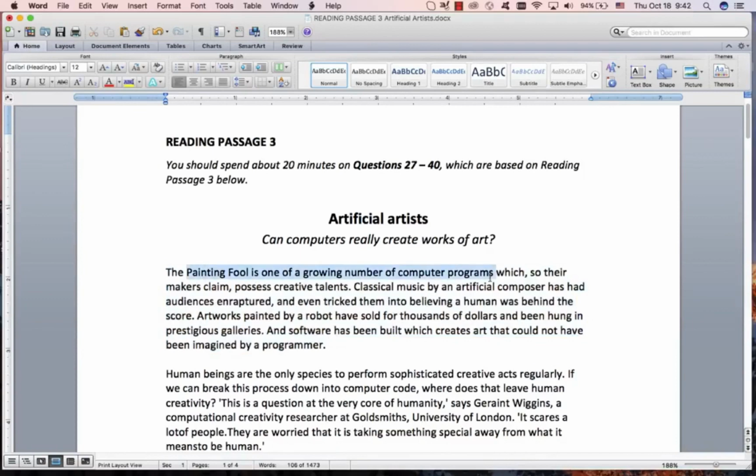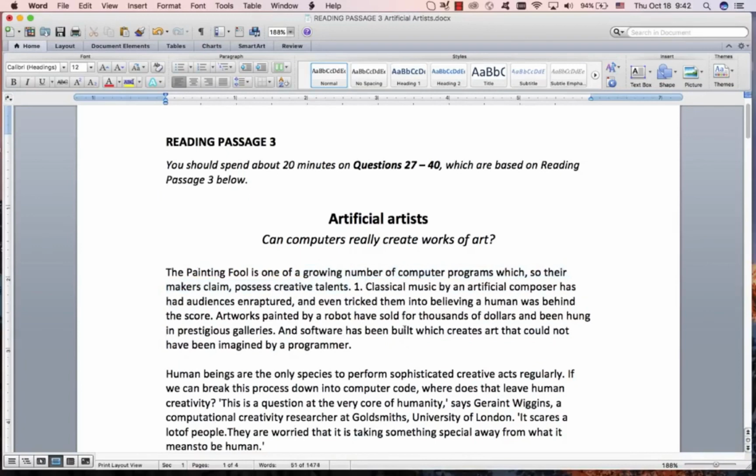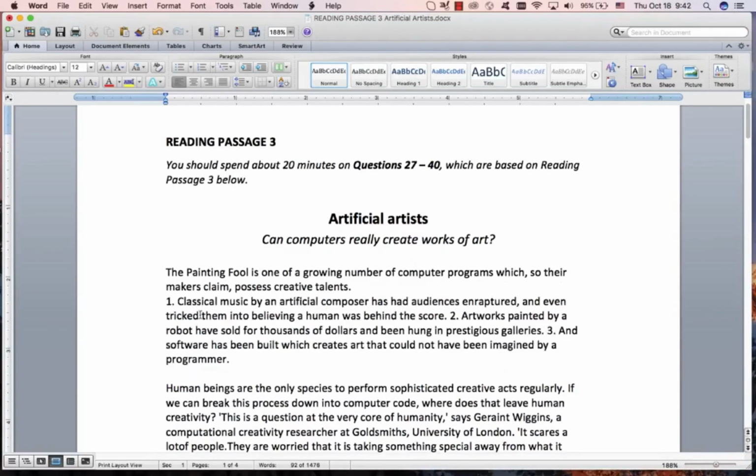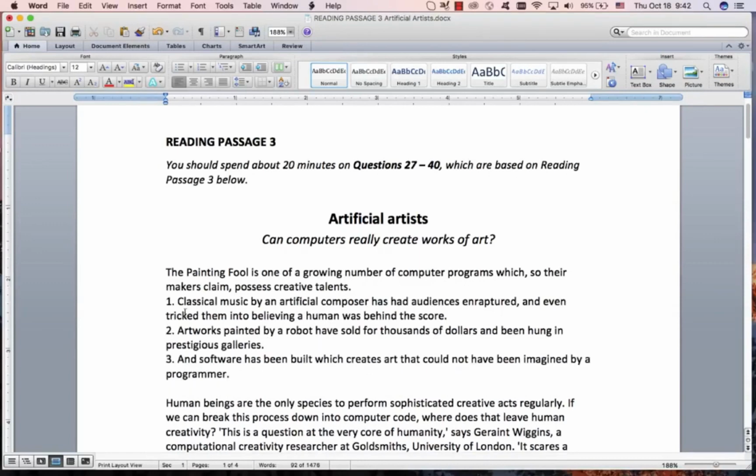So what is he saying over here? There's a growing number of computer programs which possess creative talents. And then what he does is he lists three things. For example, classical music. 2, another example, artworks. And then 3, a third example, all to support his point. This is actually a list paragraph that looks like that.